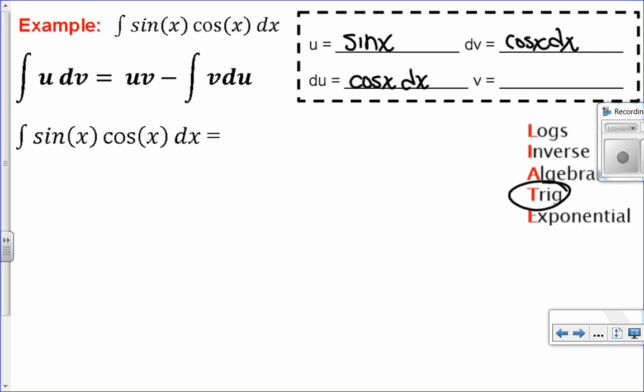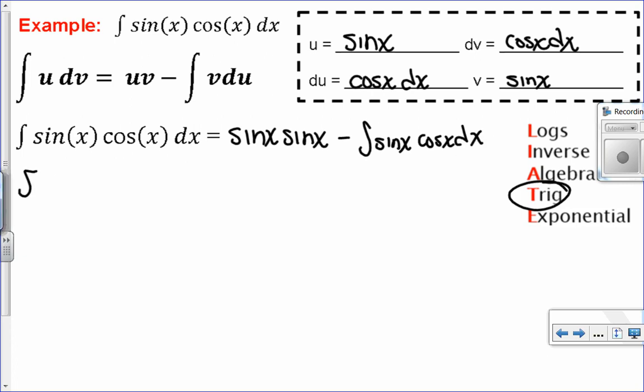Well, that would be sine x. So let's apply this into the formula. So the integral of sine x cos x dx is u times v minus the integral of v du.